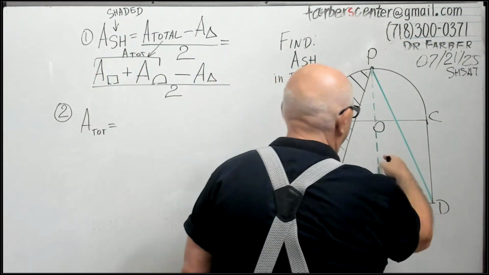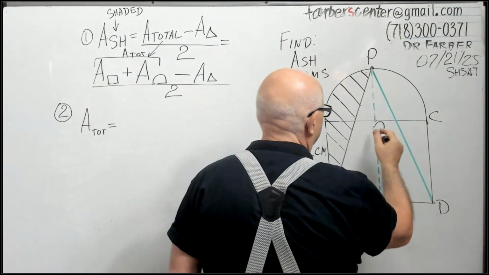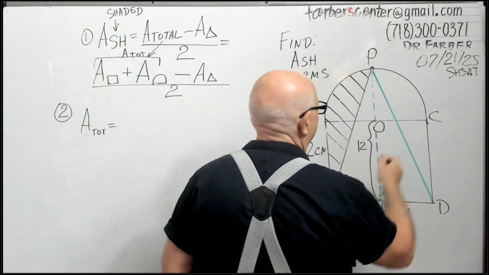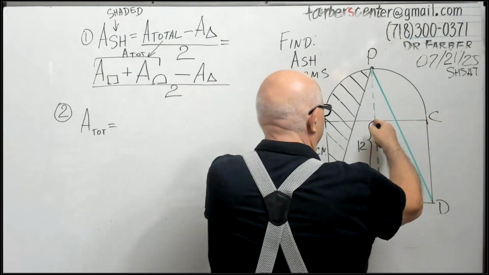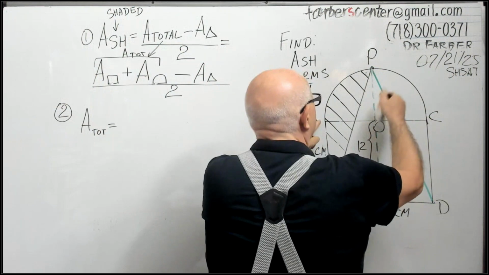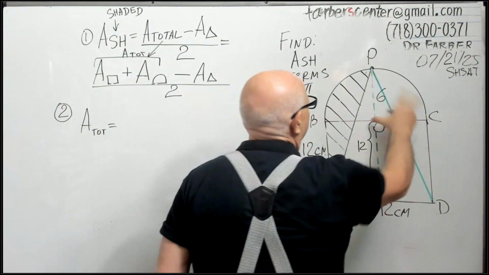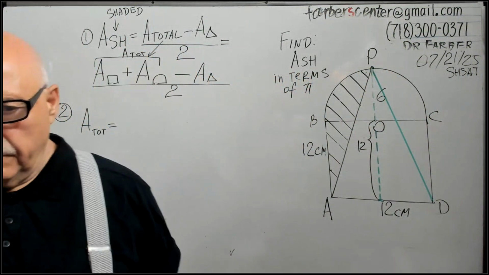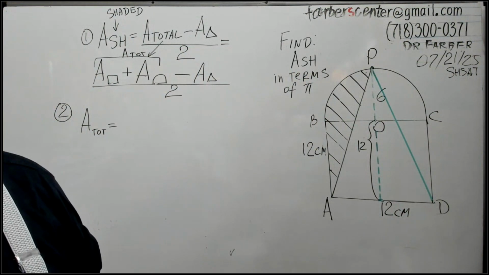Since this is a square and this is 12, so this is 12, this piece, and this is 12 diameter, so radius is 6, and this is 6, because this radius, 6, 6, 6. You understand so far what we have here? How about 12? Elena, I need feedback. If you have a question, ask me.